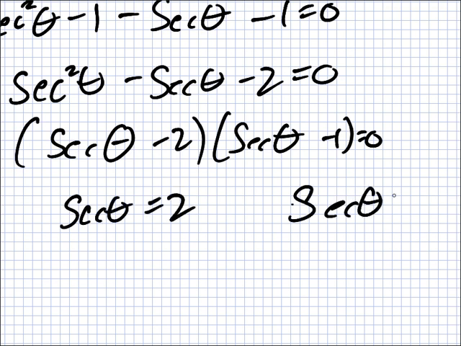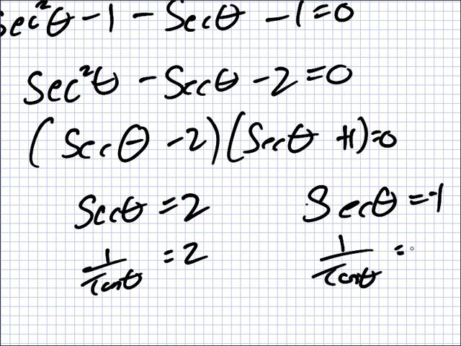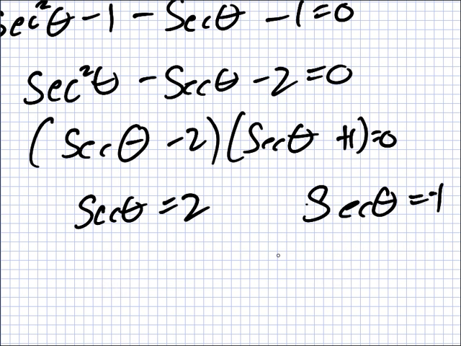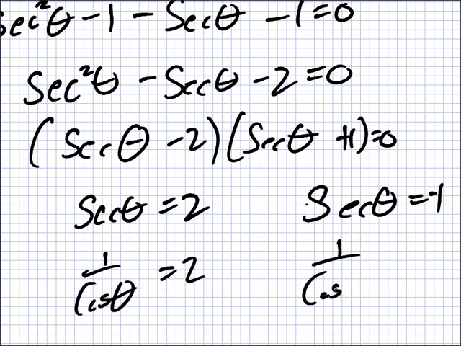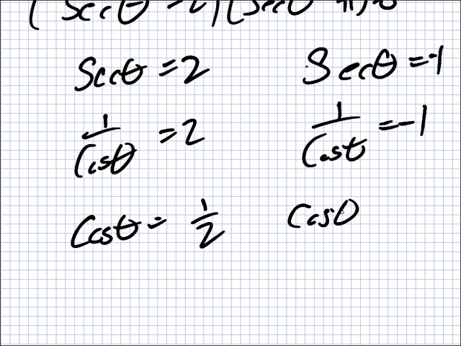Is 2 both minus? No, you're right, that's a plus, isn't it? No, it's minus. One of them has to be minus. So this is minus here, yeah? Sec theta is 1 over cos theta. Oh yeah, half. It's so easy now, isn't it?